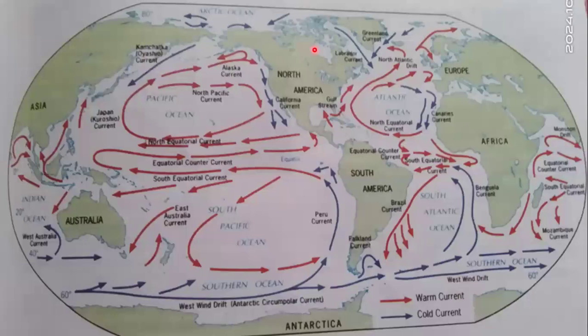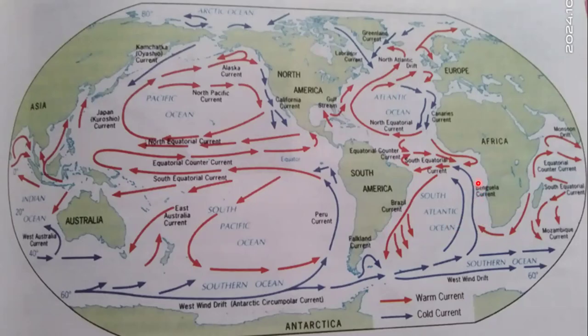Another factor is the configuration of the coastline. The shape of the coastline also influences the natural flow of the ocean currents. It is the shape of the coast which forces the ocean current to change its direction.